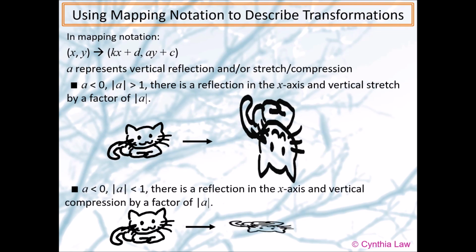When a is less than 0 and the absolute value of a is less than 1, there is a reflection in the x-axis and also a vertical compression by a factor of the absolute value of a. So this means that a is negative and is between 0 and negative 1. So we have a reflection of the cat, and then it is also compressed.